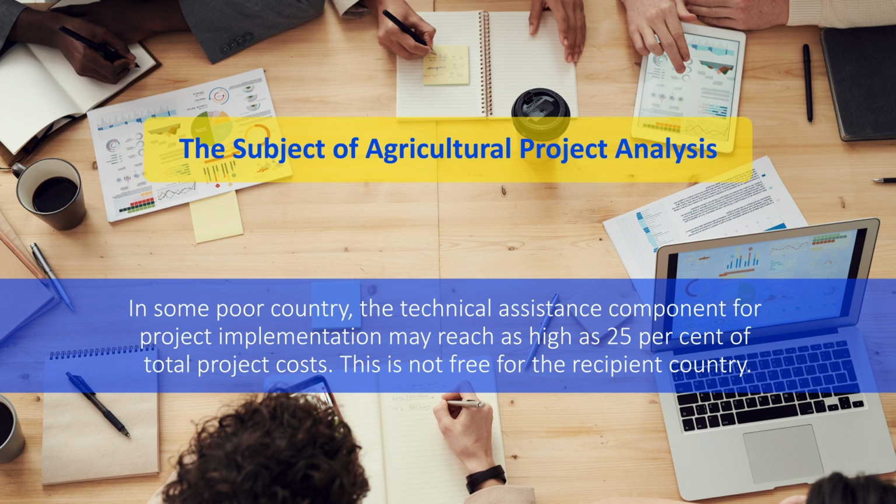The cost of this is high, as much as 25% of the total project cost, and it is not free. This provision has to be made in the budget, so this component is also one of the elements of the project budget.